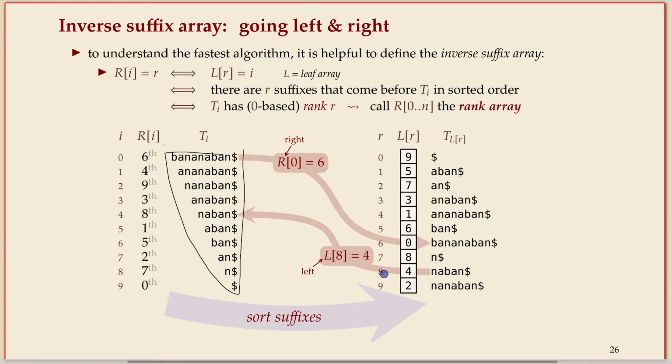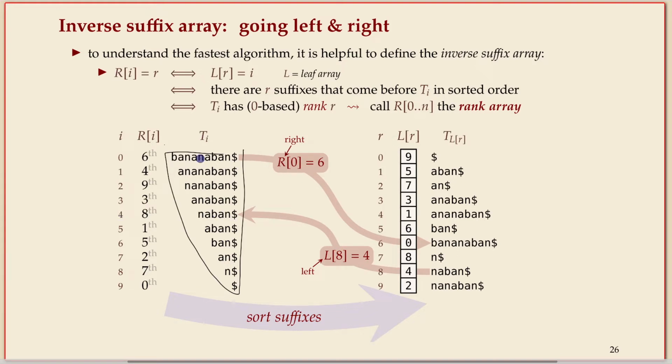L of 8 is 4, which means the 8th smallest suffix, second largest, starts at position 4, index 4. And so if you go to the left, at position 4, you find the same string, naban.